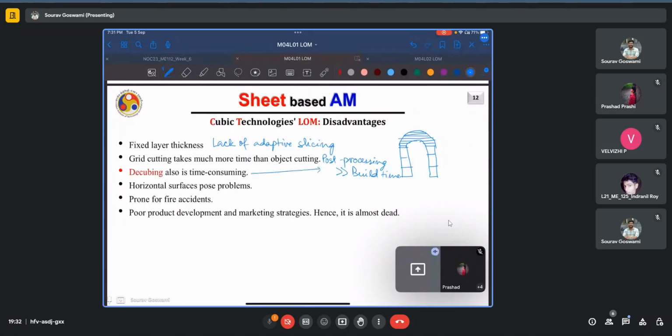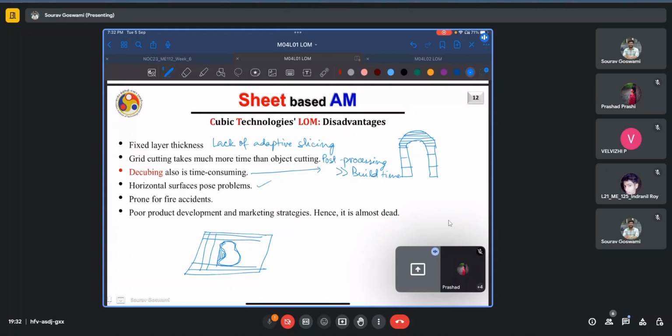And also, the grid cutting time itself is far more time consuming because, depending on the geometrical intricacy, this may involve some finer grids in certain regions. And here we may opt for some coarser grid. And we see that a far larger area has to be actually scanned for cutting out these grid lines rather than my contours which are of actual interest to me.